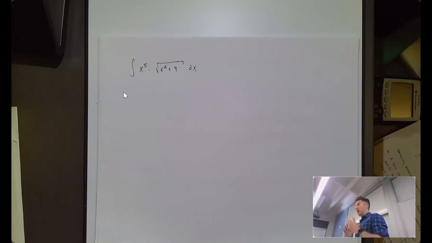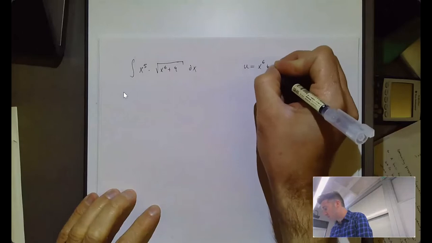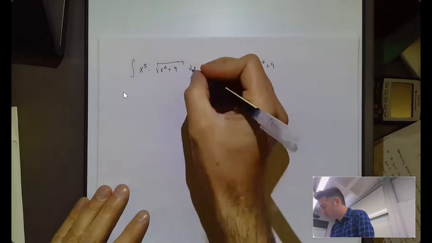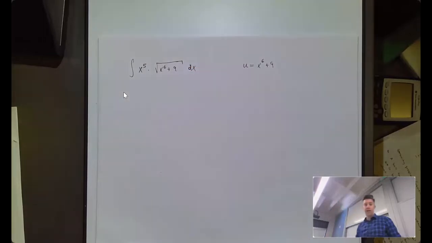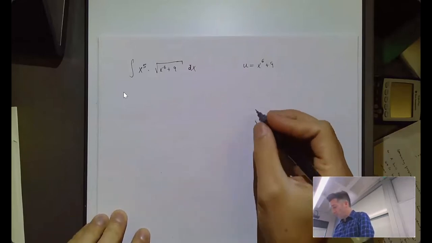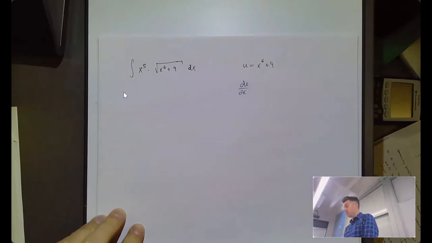I want the thing that's stuck, because I typically want to make a choice for u whose derivative is pretty easy. If I have the square root of all that, then it's going to get a little complicated. Sometimes you do want to pick the square root part, but for now, we don't. That is a dx, not a 2x. So then what's the derivative of x to the 6th plus 9?